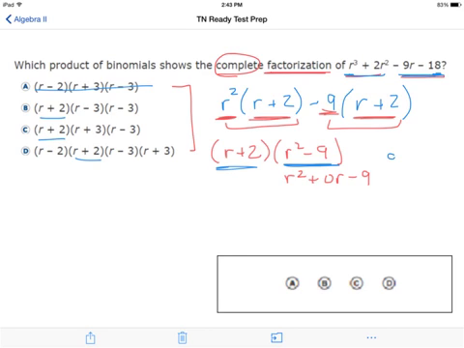When I think about a times c, that would be 1 times negative 9, so that's negative 9. And I want to add to 0, so when I bust the b, I get r squared. And then I think of the 2 numbers that multiply to negative 9, add to 0, that'd be positive 3. So I'm going to break this up into positive 3r and negative 3r.